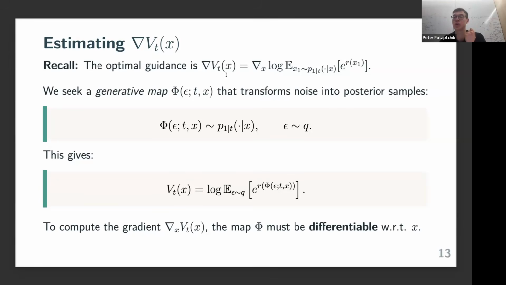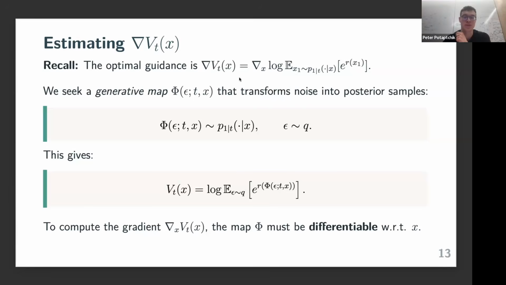The issue is that getting good estimates of the gradient of the value function has in general been very difficult. And most people have to rely on coarse approximations, such as approximating the posterior with a point mass at the denoised mean. But if you were able to get good estimates, which I'm going to try to convince you meta flow maps let you do, then you're going to do much better than SMC or any of these particle-based methods.